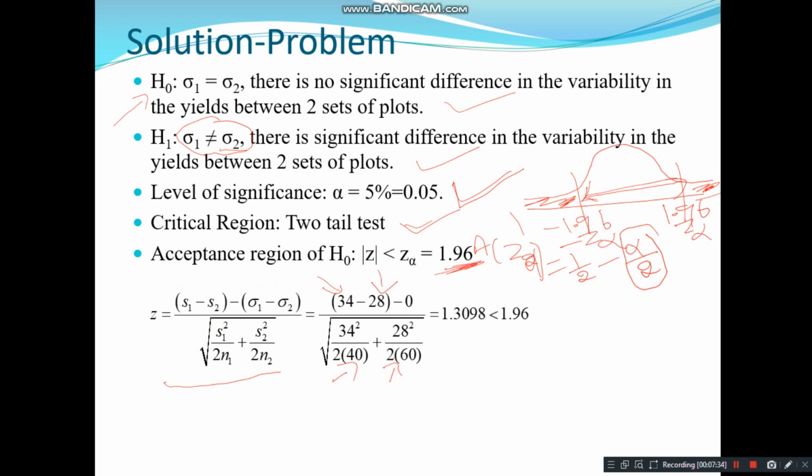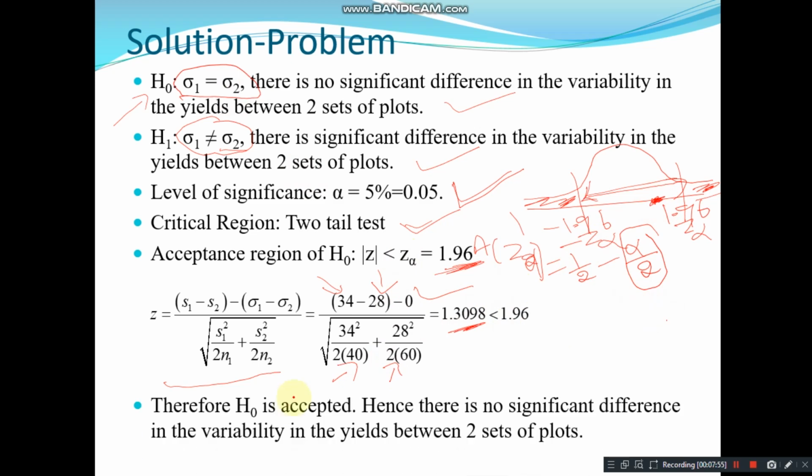Observe that under H naught, sigma 1 minus sigma 2 is 0 by default. By calculating this fraction, we get 1.3098. It lies in the acceptance region because it is less than 1.96. Therefore H naught will be accepted. That means there is no significant difference between the two sets. There is no variation.